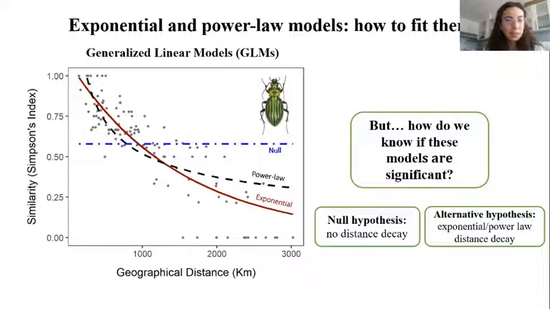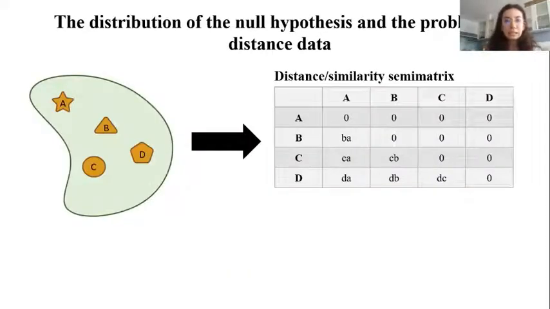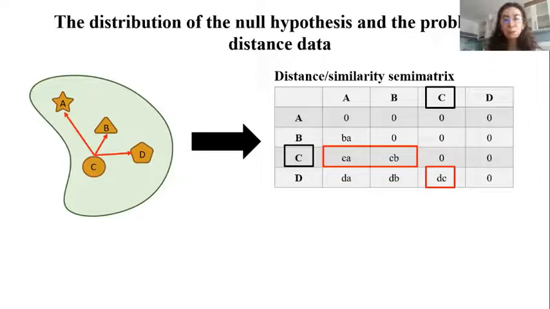There are several tests adapted to test the significance of a GLM. However, we can't use them because they assume that data are independent for computing the p-value and the null distribution of the test. However, distance data in general are not independent because a distance or similarity matrix is constructed in such a way that every value in the matrix is the result of comparing two sampling points.